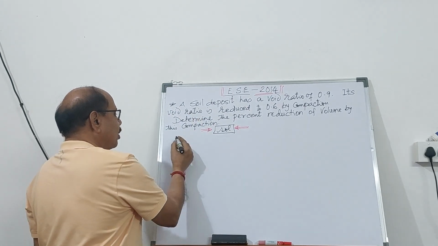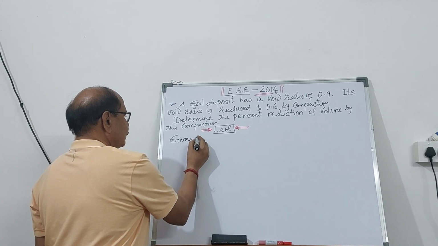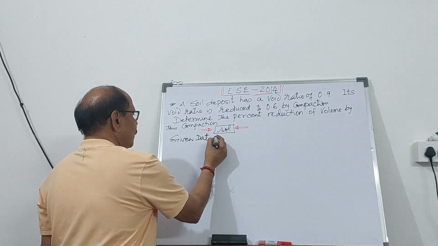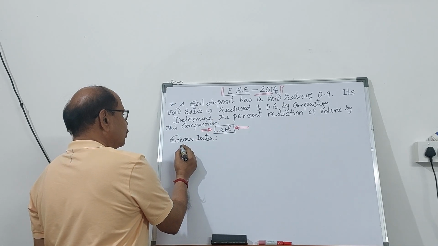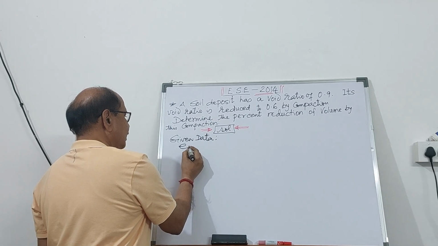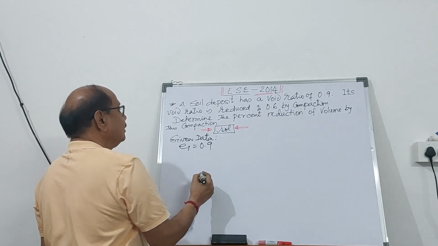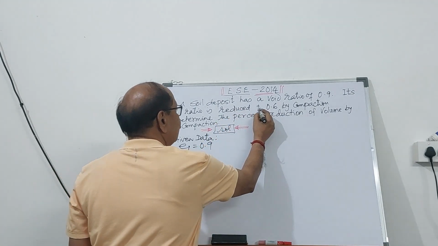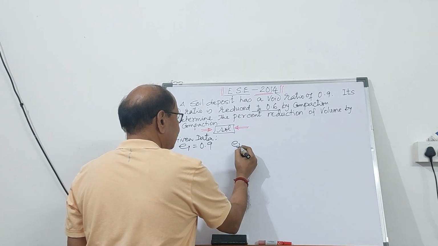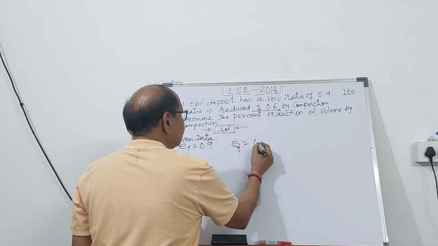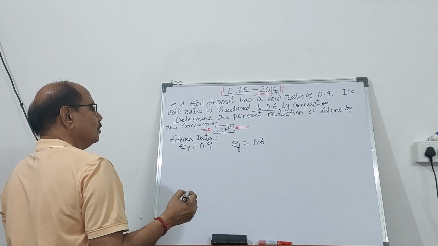So if you see this problem, what is given here, you can list it. The initial void ratio, e_i, is given as 0.9 and the final void ratio becomes 0.6. So e_f equal to 0.6 by compaction.